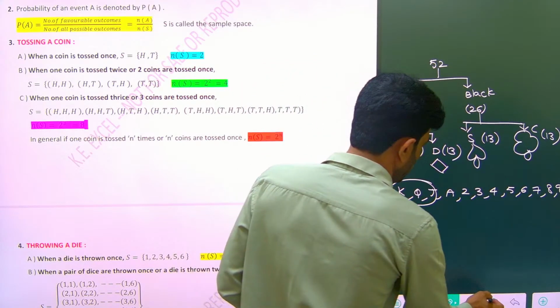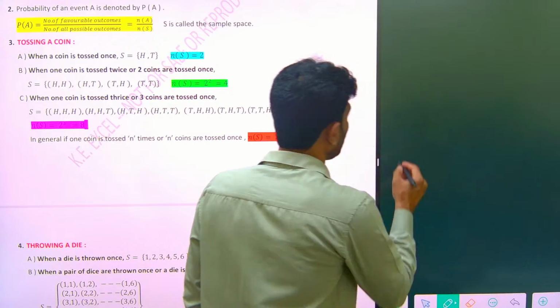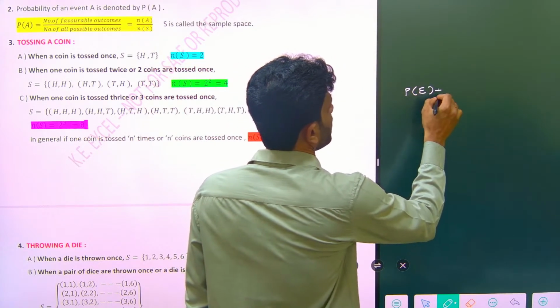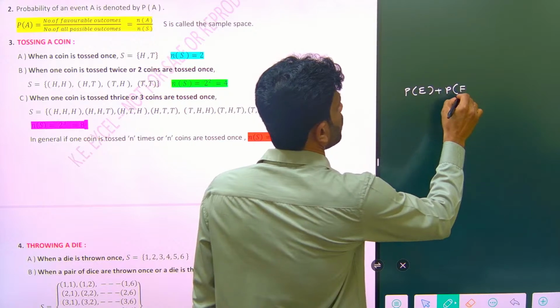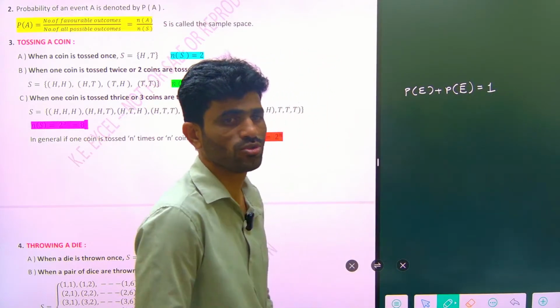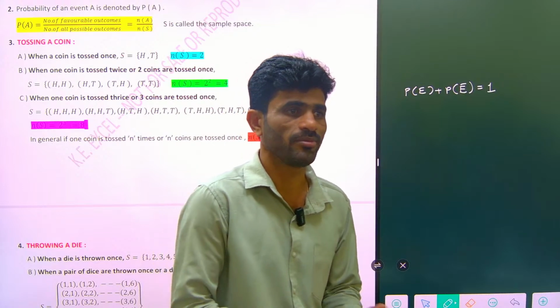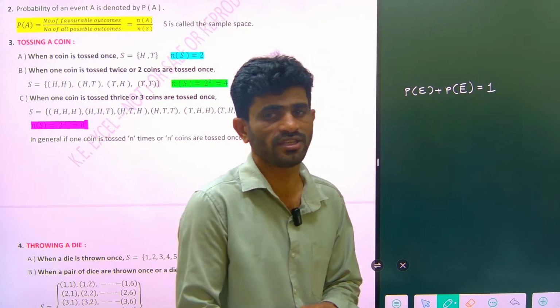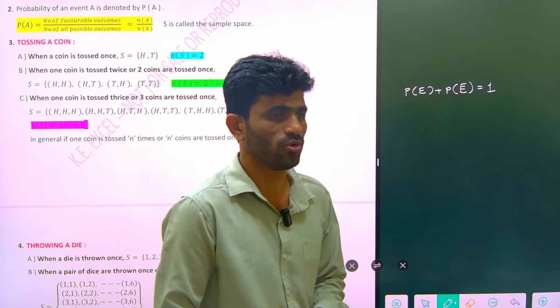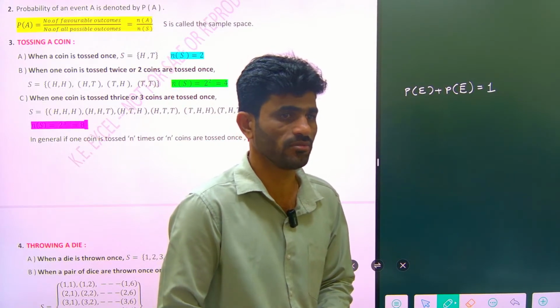After that we have one important concept in this. P of E plus P of not E is equal to 1. We call these two complementary events. Celebrating their birthday on the same day, celebrating their birthday on different days. Winning the game, losing the game, or not winning the game.